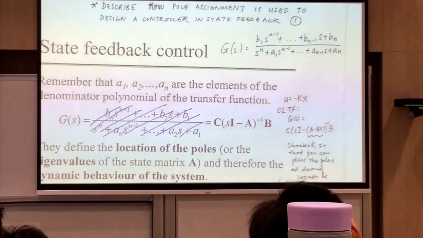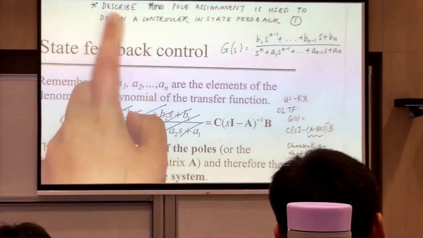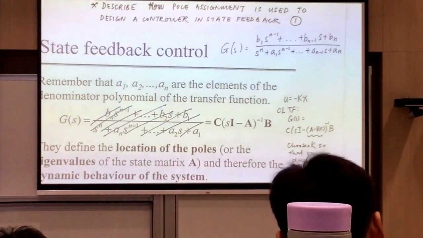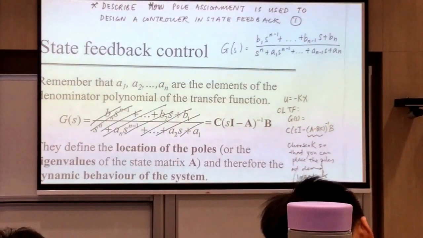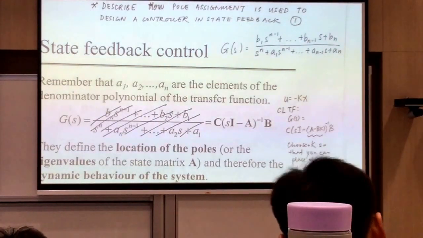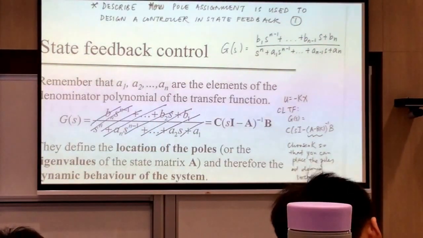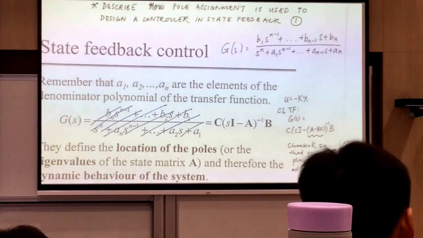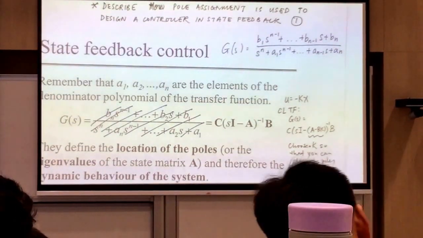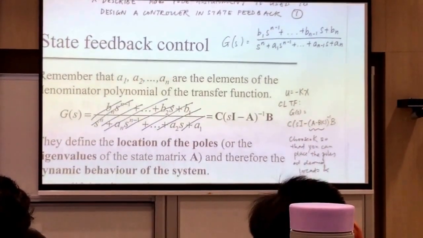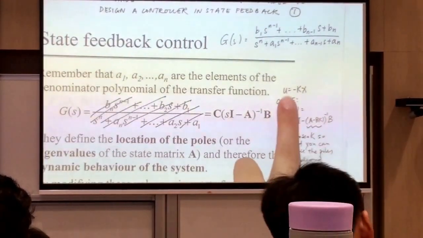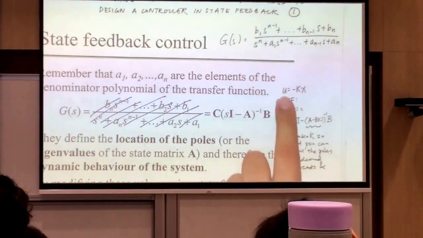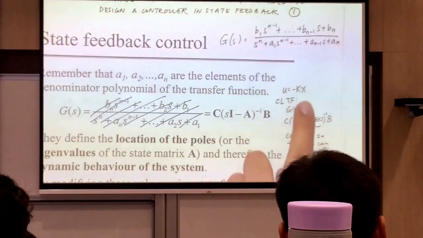Okay, for those at the back who cannot see, the question is: describe how pole assignment is used to design a controller in state feedback. For those who are done, what I'm writing here is, because you're doing state feedback control, u is minus Kx.